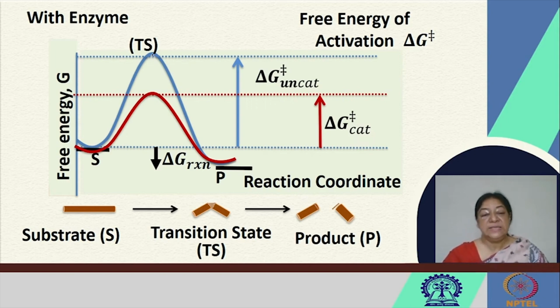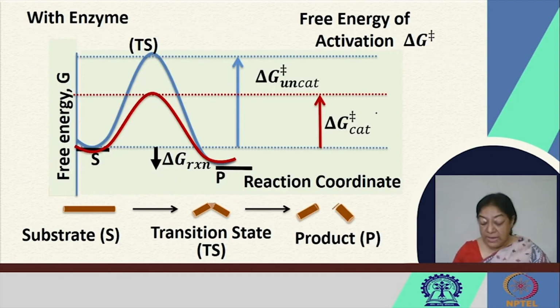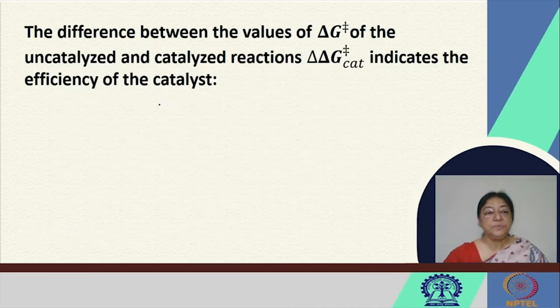Now we realize that this value that we get from our delta G cat, the free energy of activation required to reach this particular transition state, is lower, indicating that we have facilitated the formation of the product.